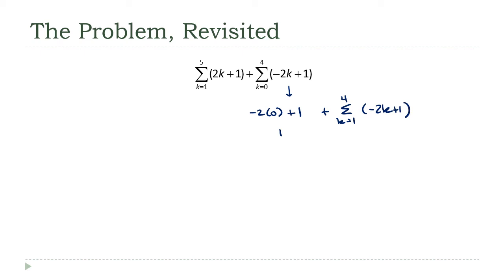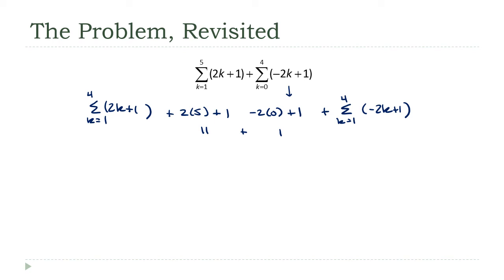Then I'll do the same thing on the other end of the first series. The last term over here, when k is equal to 5, is 2 times 5 plus 1. And I'll keep the sigma notation for the first 4. So what do I get here? This is 11. And now I can combine these two series together, because now, again, we have what we need where the starting and ending values match.